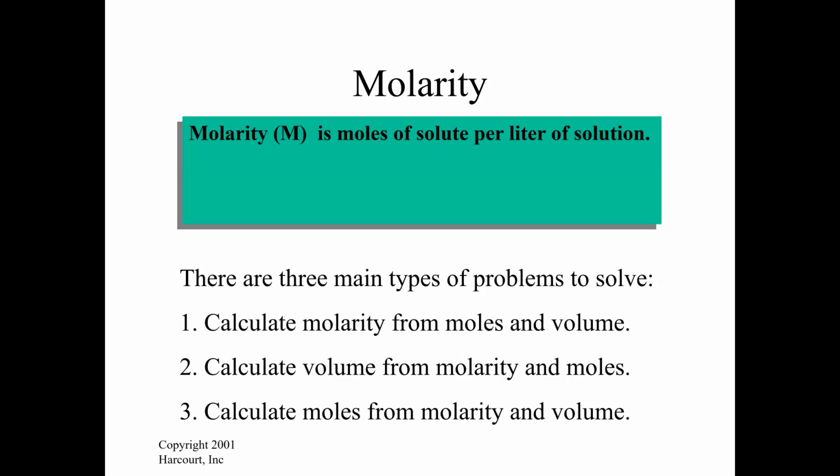So you'll either be given molarity and moles, or molarity and liters, or moles and liters, and have to find the third thing. Molarity is moles over liters, and remember it has to be liters. It can't be milliliters. So if you are given milliliters, you have to change it to liters. If you're given grams, you have to change to moles before you can start. You have to have moles and you have to have liters.